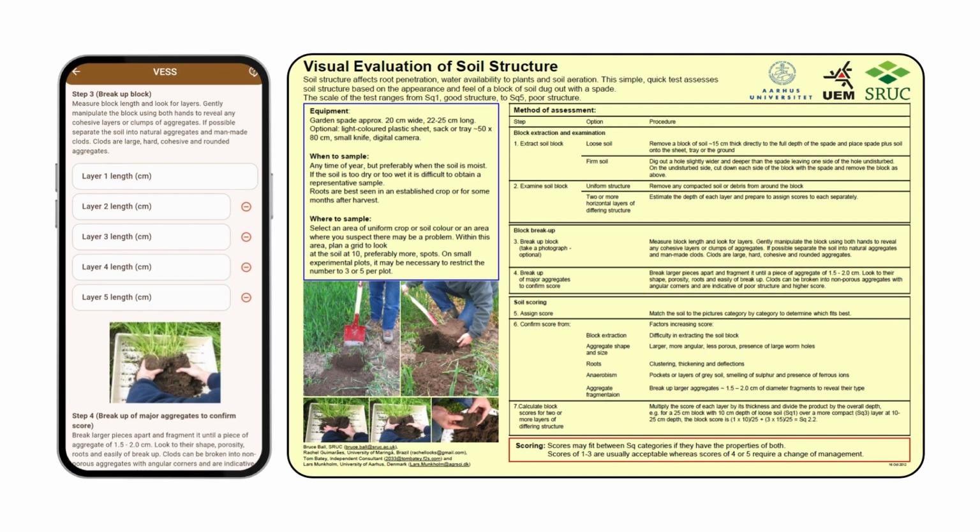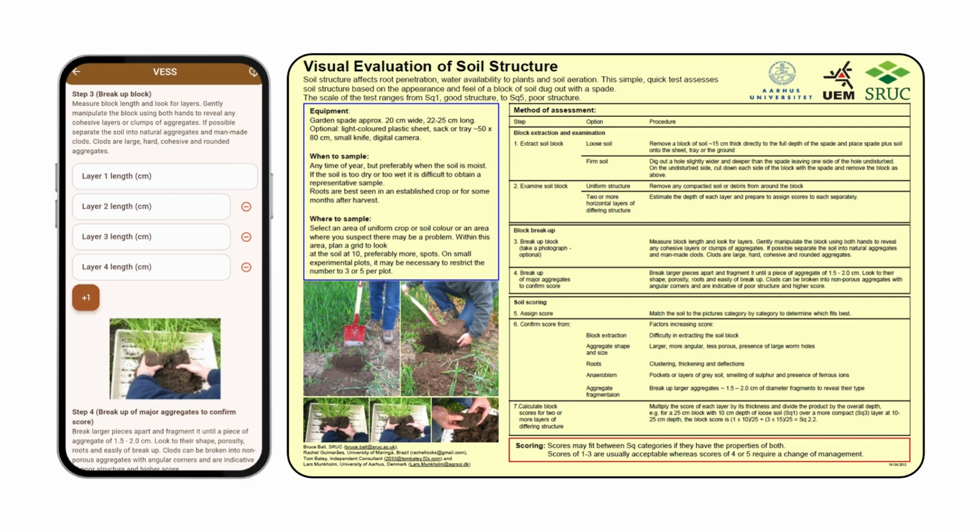Because it's very unlikely that you find more than 5 distinguished layers in the top 30 centimeters of the soil. Since the standard VESS is designed for the top 30 centimeters of the soil, and as I explained, it's very unlikely to find more than 5 layers, we don't really need more than 5 layers in here.